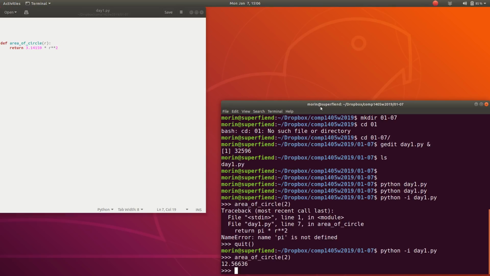That was sort of an easy one. And let's try something maybe a little bigger. Let's try the area of a triangle. Anybody remember how to compute the area of a triangle?